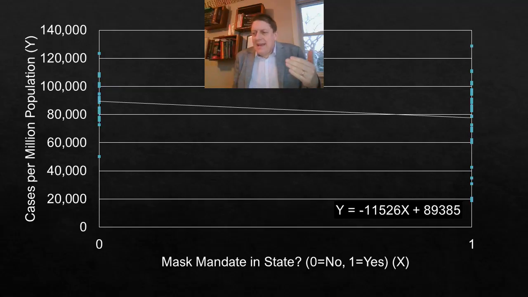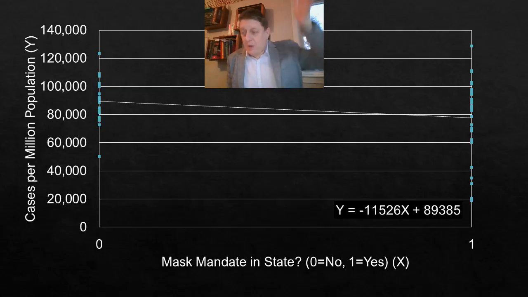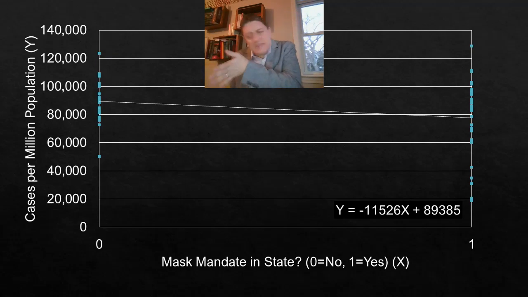And we can then look at, for those cases in the zeros, you can see that they're scattered out there on some cases per million population. And some of them are higher and some of them are lower. And then you can take a look at the states where there is a mask mandate. And again, there's some higher and some lower. There's still a lot of variation in each group.